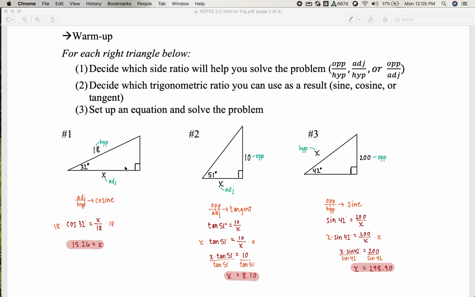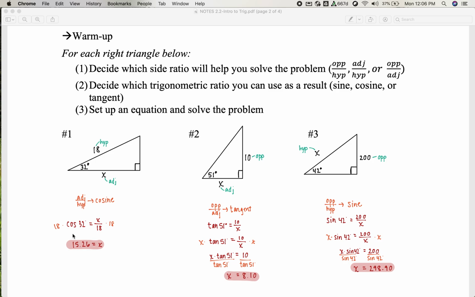So when I look at problem number 1 right here, I see this 32-degree angle. And if I look at the location of the sides, I do not know the opposite side this time, but I do know the hypotenuse, and I do know the side next to the 32, which we'll call adjacent. So I've got adjacent, hypotenuse. So now I might say to myself, adjacent over hypotenuse, that's my CAH, which is my cue to use cosine in this problem.